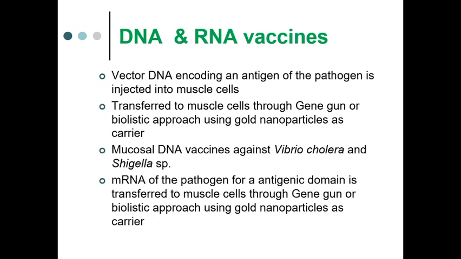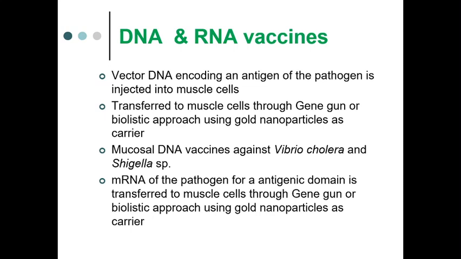It is directly sprayed into the nasal passage, and the mucosa absorbs this DNA, which is coated over some nanoparticle, and then the expression of that antigen in the form of protein takes place, giving rise to protection.